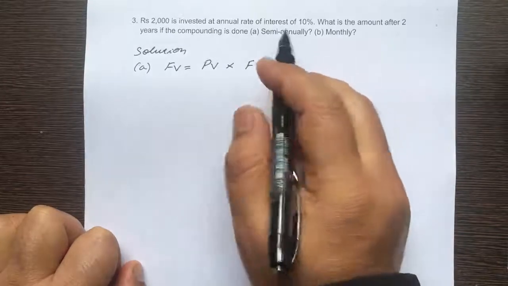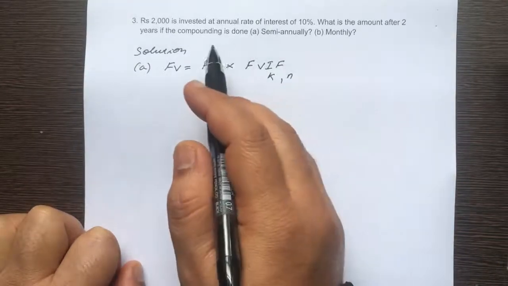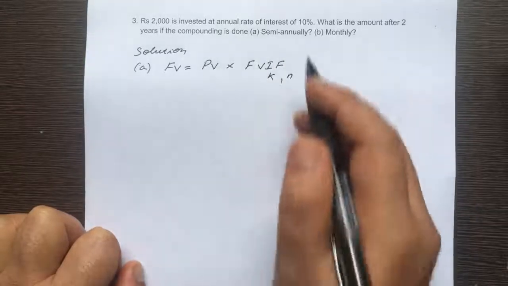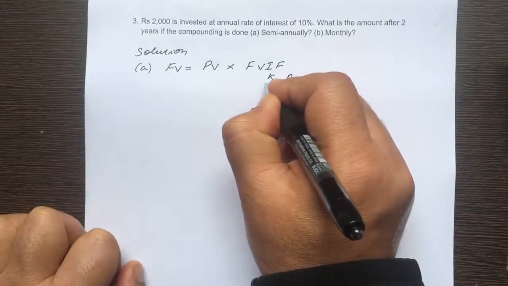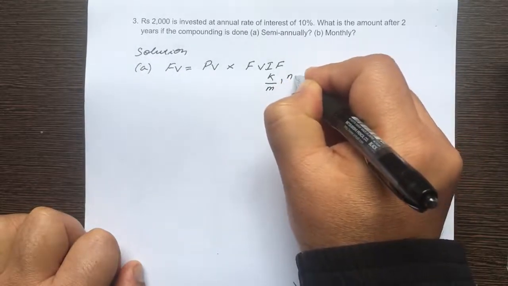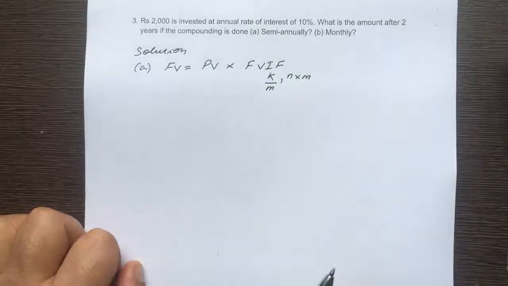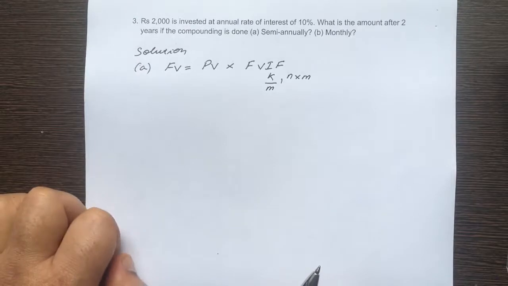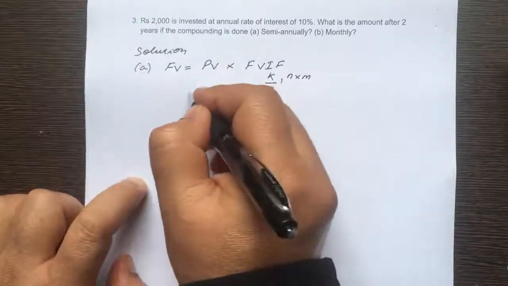Now since compounding is done semi-annually, that means twice in a year, for K you'll have to divide by M, and N you'll have to multiply by M. Now what is M? M is nothing but the number of times compounding is done.